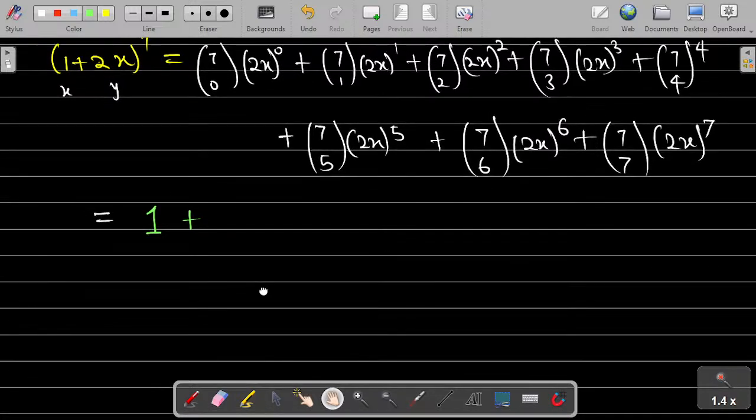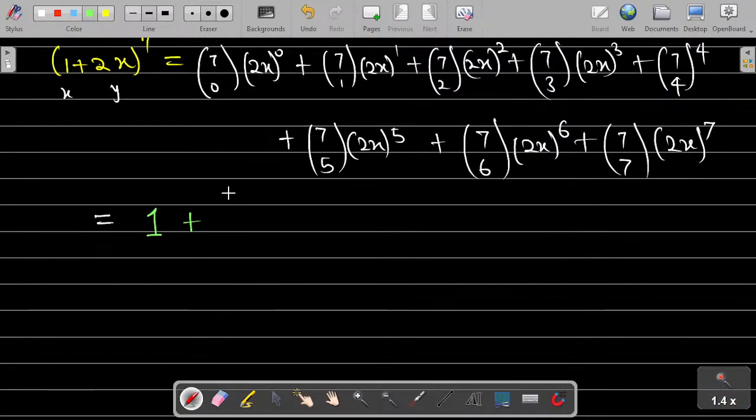Now the next one is going to be 7 combination 1, which we said is 7, and then multiply by 2x, then plus 7 combination 2, which will be 7 factorial all over 7 minus 2, which is 5 factorial, times 2. Let's quickly simplify that.